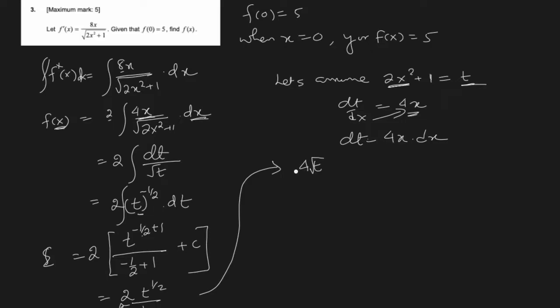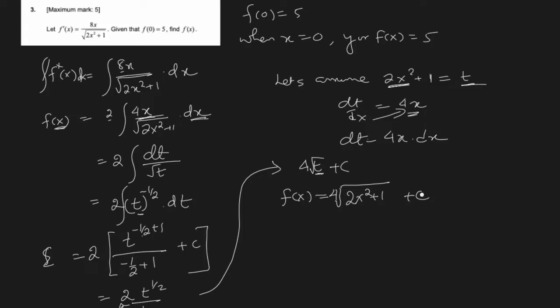Divided by 1, there is no need. So finally we get f(x), it was plus c also, f(x) equal to, bring back the value of t now, 4 square root 2x squared plus 1 plus c, and this is the equation of f(x).